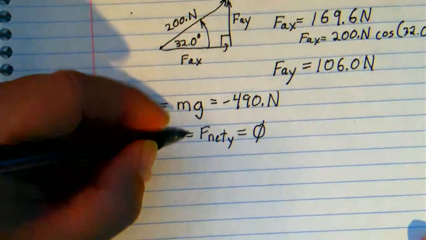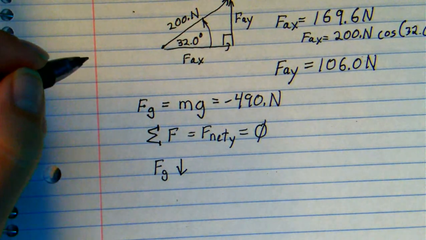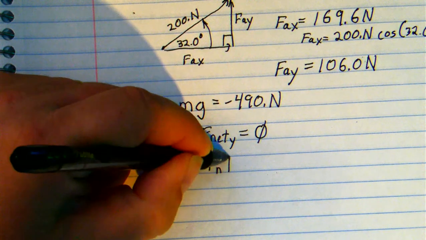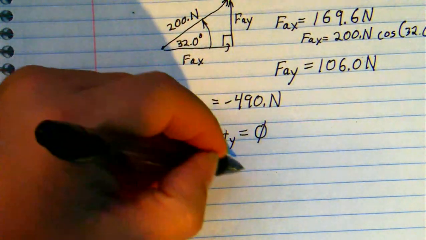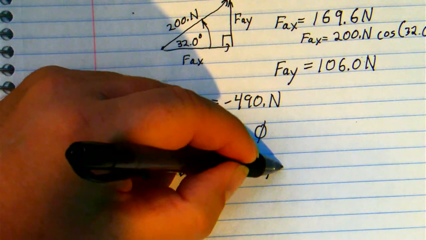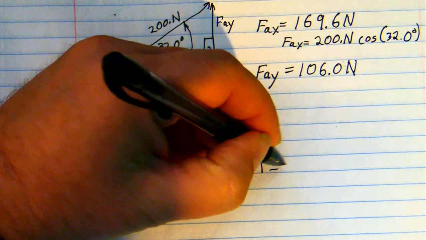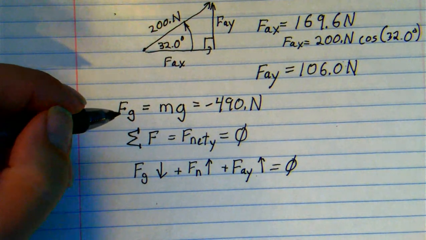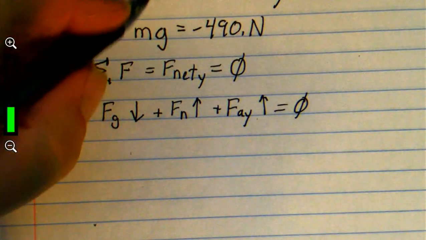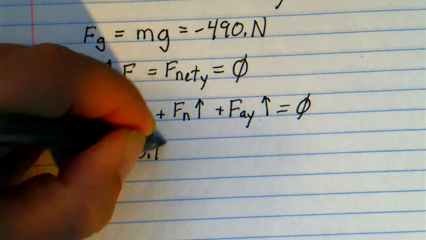That means the force of gravity downward plus the normal force upward plus the y component of the applied force upward all have to add up to 0. All right, let's plug in some numbers. Negative 490 newtons.